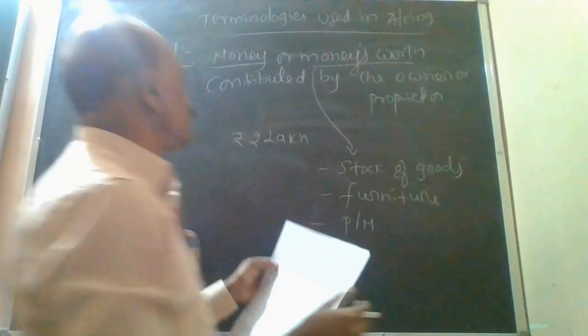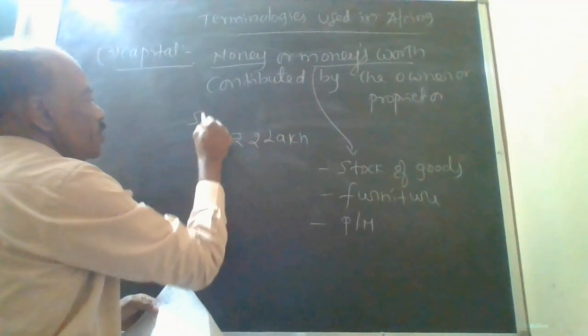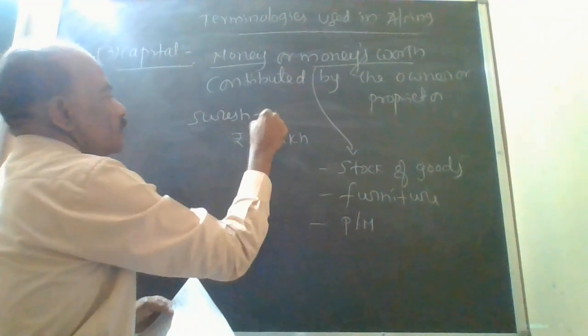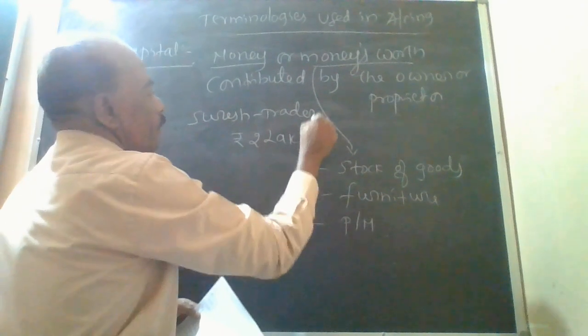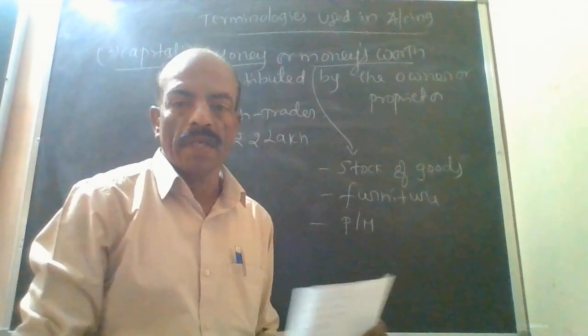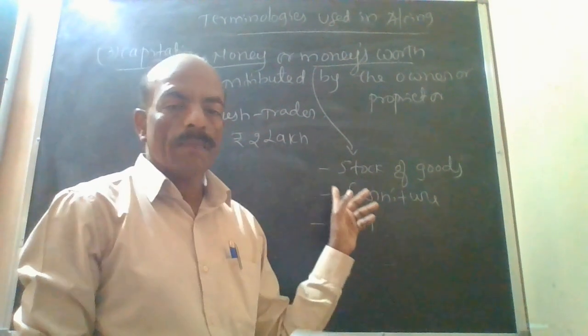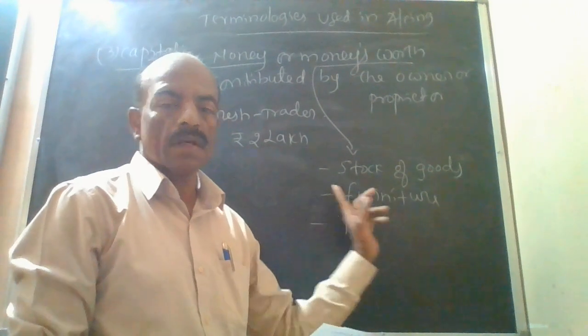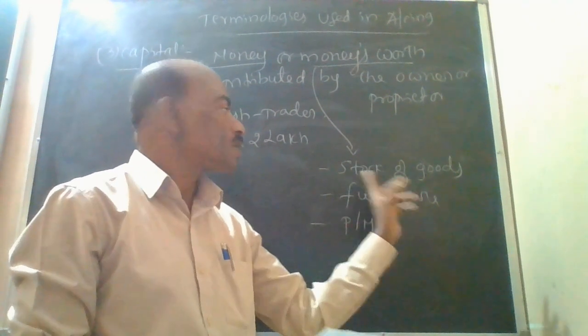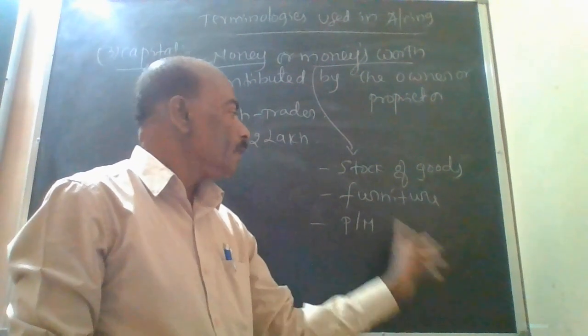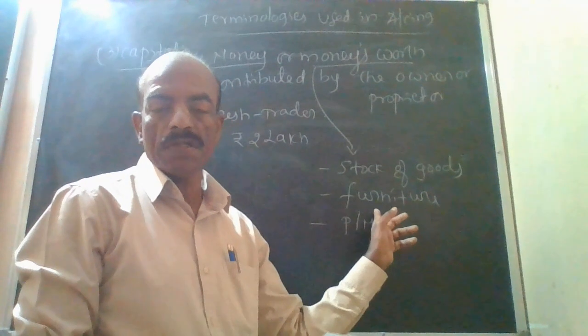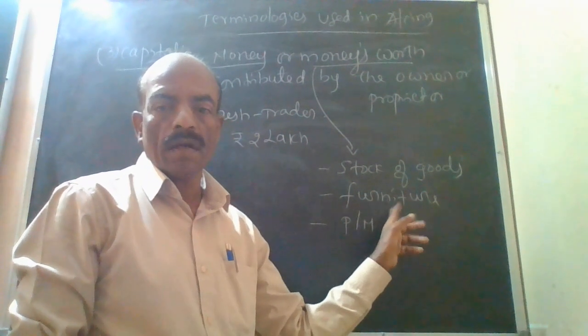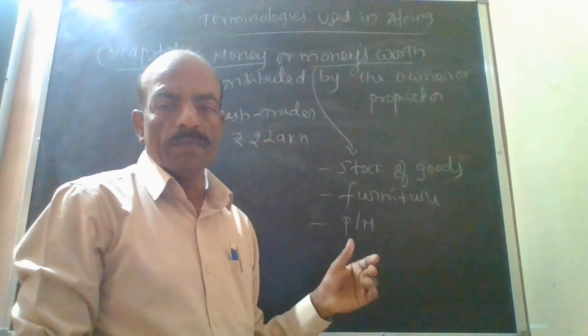In this case, Suresh Traders is doing the grocery business. He will purchase certain cereal items. That is called stock of goods. Furniture he will bring: table, chair, almirah, a refrigerator.